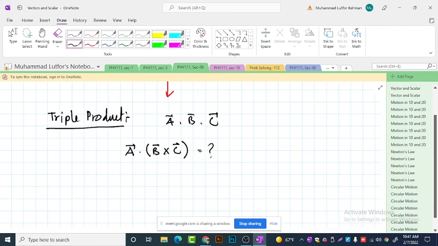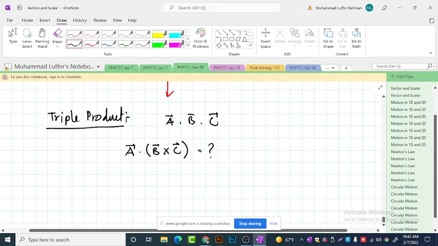It's a vector. Is there any more answer? Is it going to give me a vector, or at the end will it give me a scalar? Sir, vector. All right.